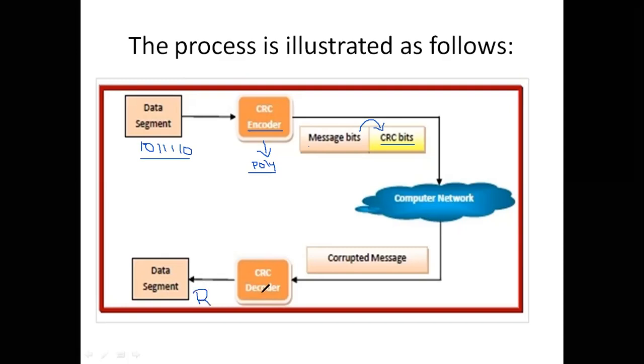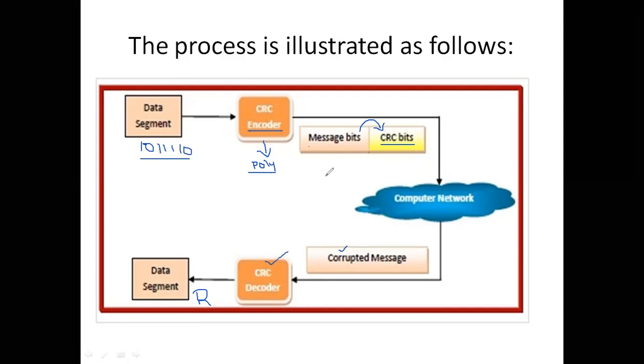At the receiver side, the decoder can detect any errors caused by corrupted messages. If any corrupted messages are there, the receiver can immediately detect it using this CRC decoder.